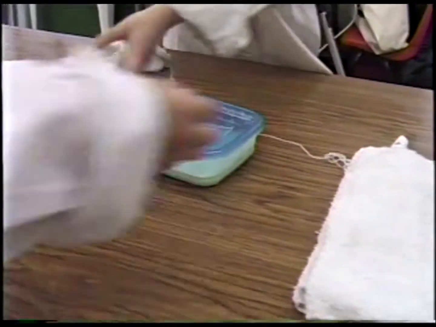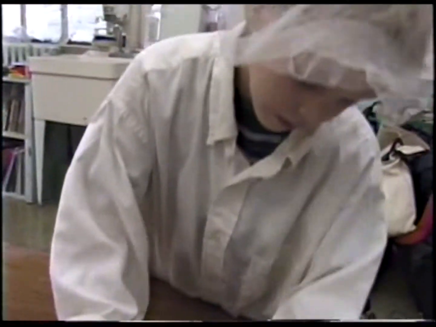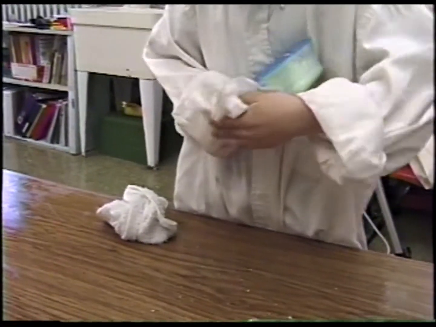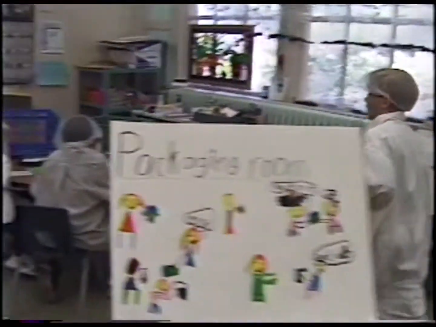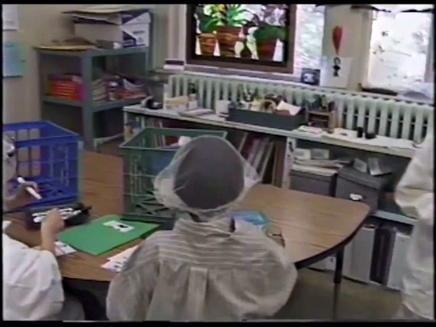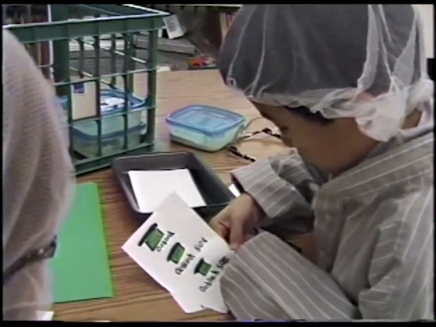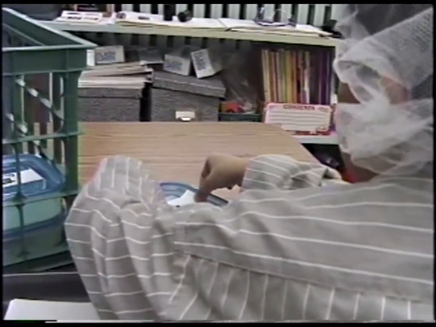Some of them are very well aware that their parents are working, they make salaries, and their salaries are what they use to buy what they want or what they need. Developmentally, some of them might not quite connect it, but I think on the whole, the majority of the class did connect it. But a few might just think, oh, we're just playing and having a good time having a factory today, and they have not quite connected it yet.